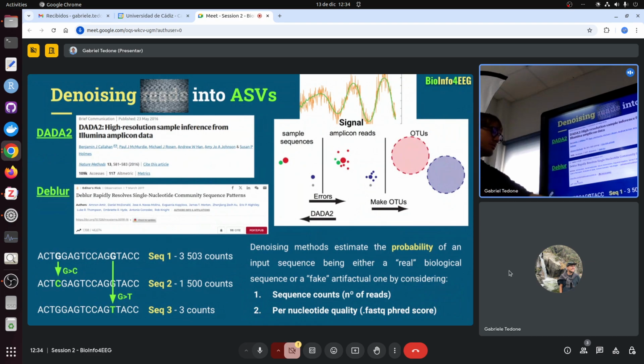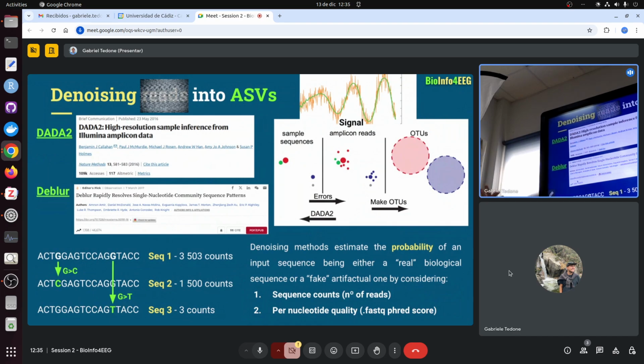We have sequence 2, which is a bit less abundant, half as abundant, but it differs from sequence 1 by one nucleotide. This is a nucleotide transition happening here. And we also have sequence 3, which is a really low abundance sequence, which, when compared to sequence 1, has one nucleotide transition.